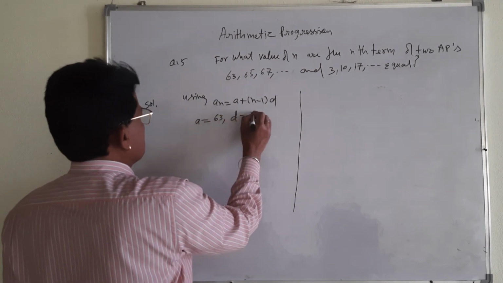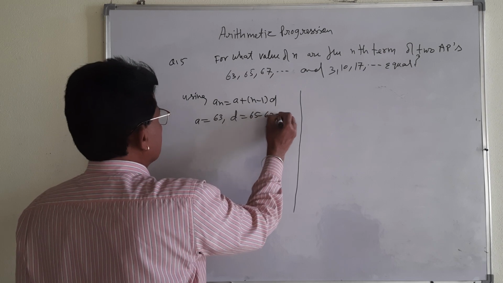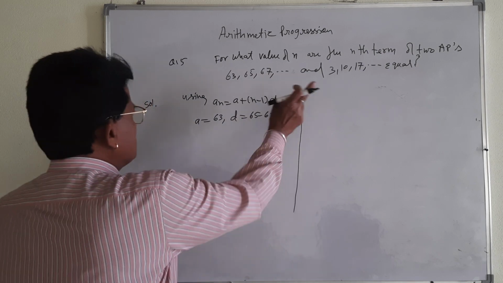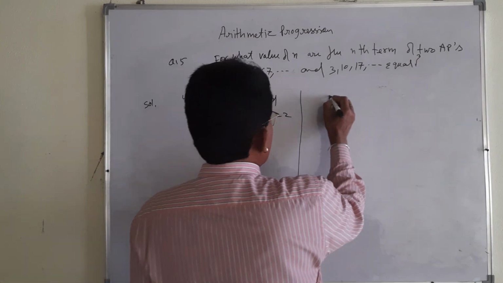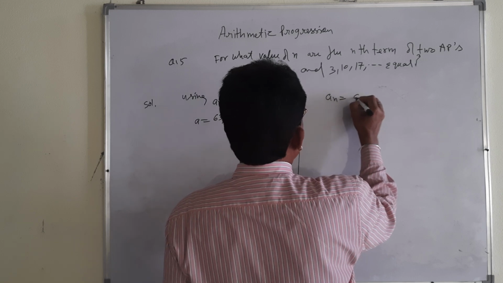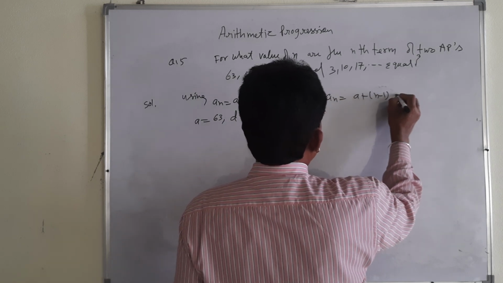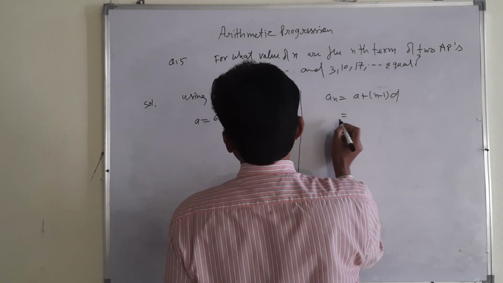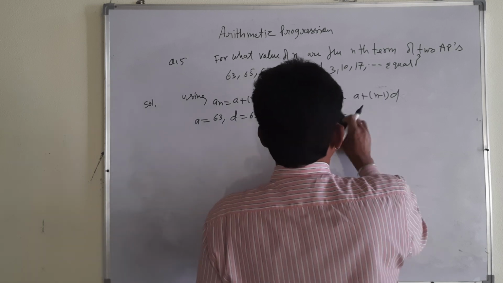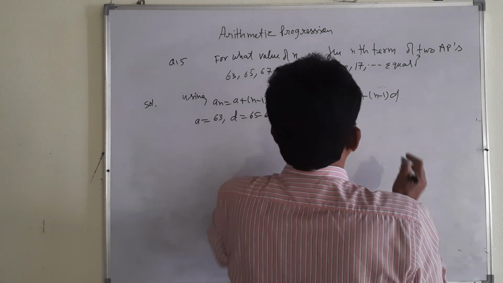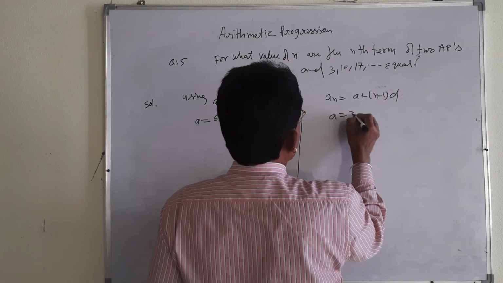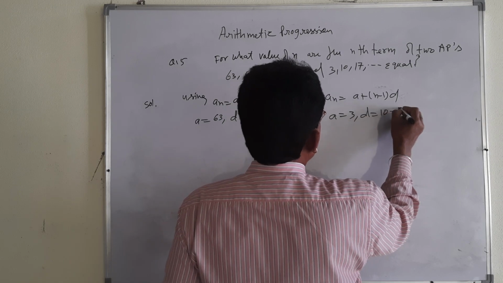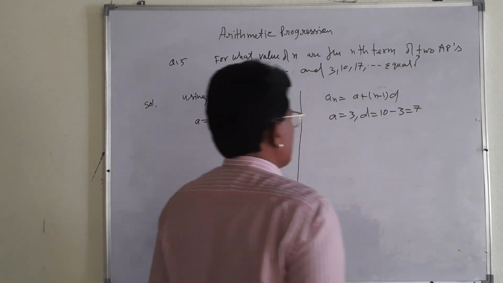And d will be equal to what? 65 minus 63, it will be 2. Similar kind of thing you will take over here. Same formula, a plus n minus 1 into d, and you will have to take a is equal to 3 and d will be equal to 10 minus 3, that will be 7.